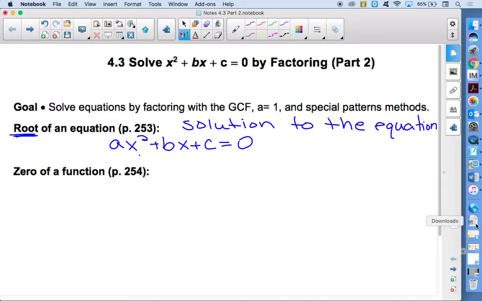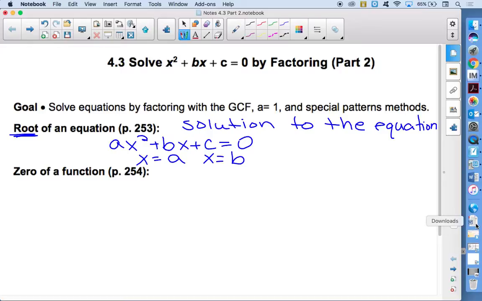Your solution is going to be in an x equals form, so like x equals a for any number. X equals 5, x equals 2. You're going to have two solutions. One would be x equals a, maybe the other one would be x equals b. When you're solving, your answer is a solution. It's in the form x equals, because it's an equation.